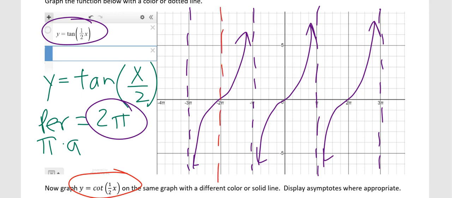Asymptote. What happens at every one of the purple asymptotes, the old asymptotes? Exactly. That is where the center line of each one of those is.